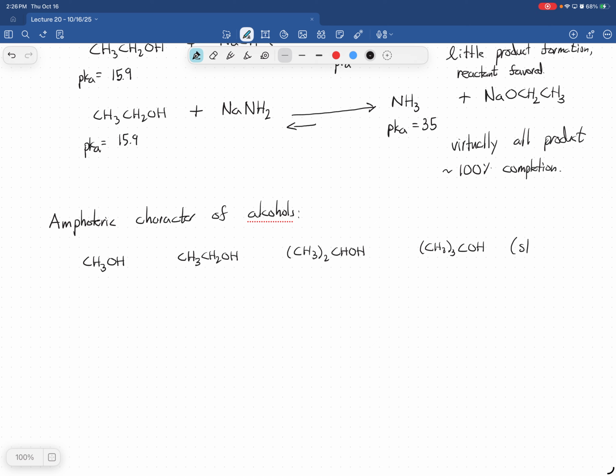All right, so on this end, we have increasing steric hindrance around the oxygen. So if we point in this direction, what can we say about the basicity? Let me just refresh my memory here.